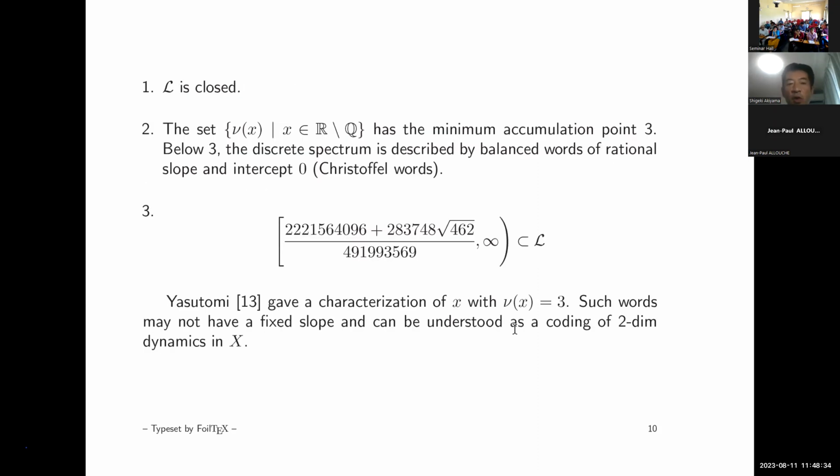And yesterday, this was linked to the Sturmian sequence. Let me repeat. First of all, this set is closed.